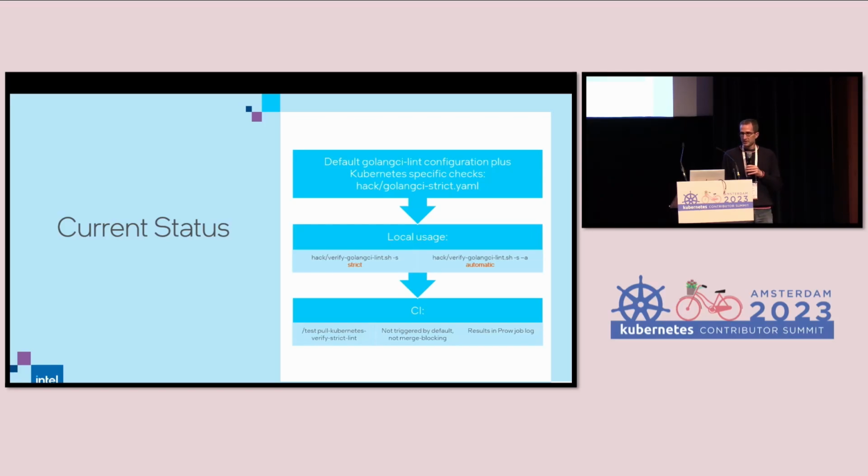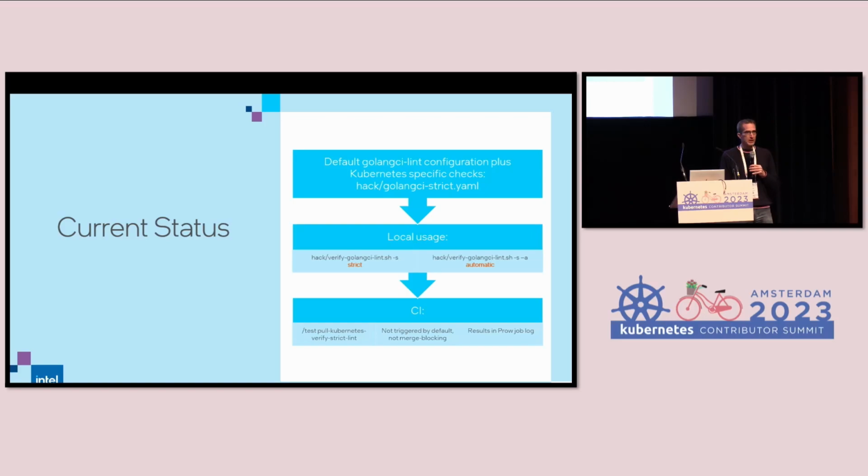At this point, my goal was just to be as consistent with normal golangci-lint as possible. I've not made any personal choices about whether I prefer a check or not. It's all basic golangci-lint default configuration plus some things that Kubernetes had already enabled.